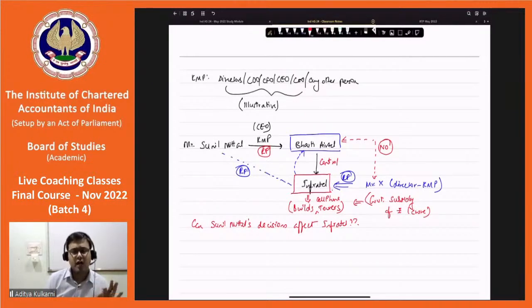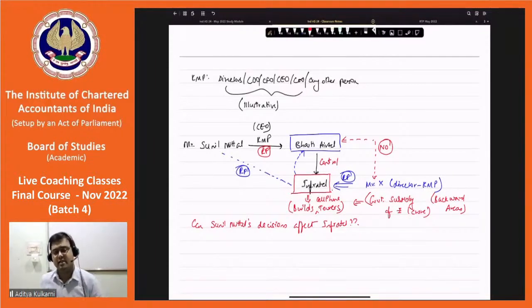So Mr. X is seeing that a subsidy is coming, my profit increases, my remuneration increases. Infratel also gets profit. So we will proceed with the decision and agree to build towers in backward areas.